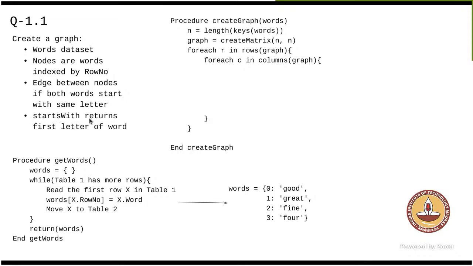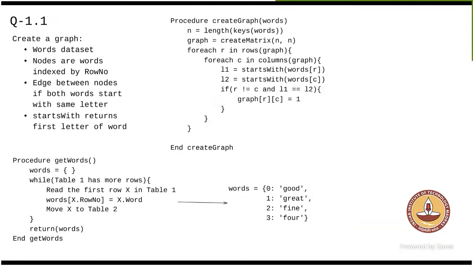We can say, if words of R starts with this letter and words of C starts with this letter, so if R is not equal to C and the first letters are the same, just add an edge between R and C. Okay, so what kind of a graph will this be? Will this be directed or undirected? Undirected. Right, so it will be undirected, and finally you return the graph.